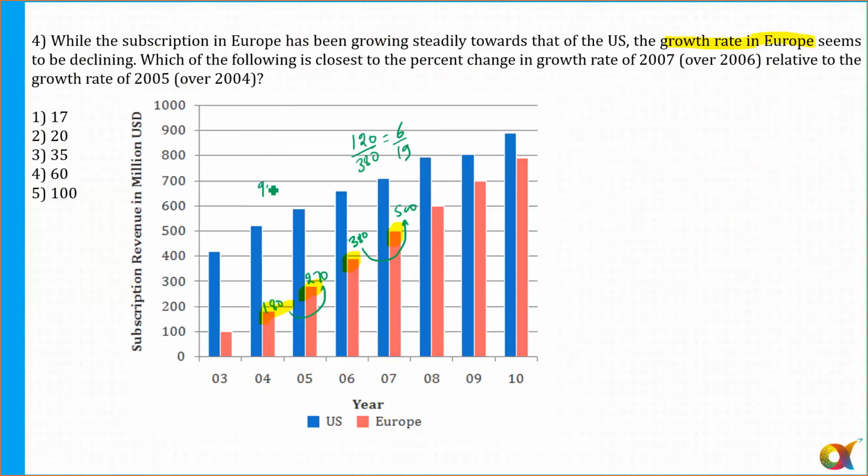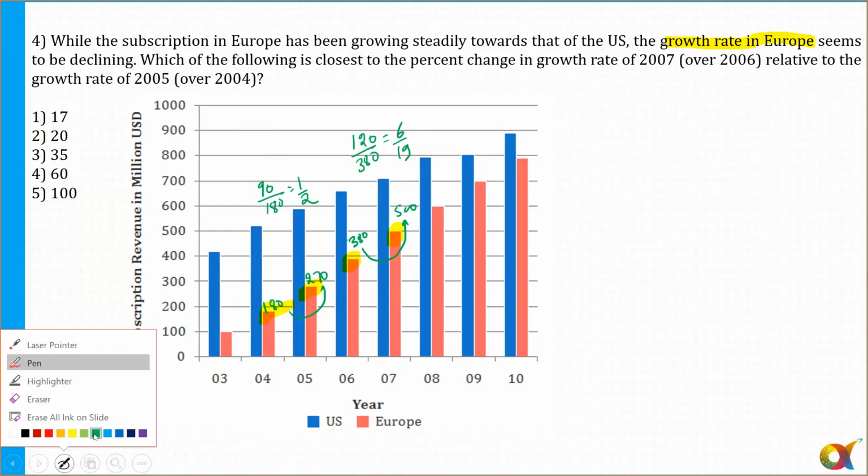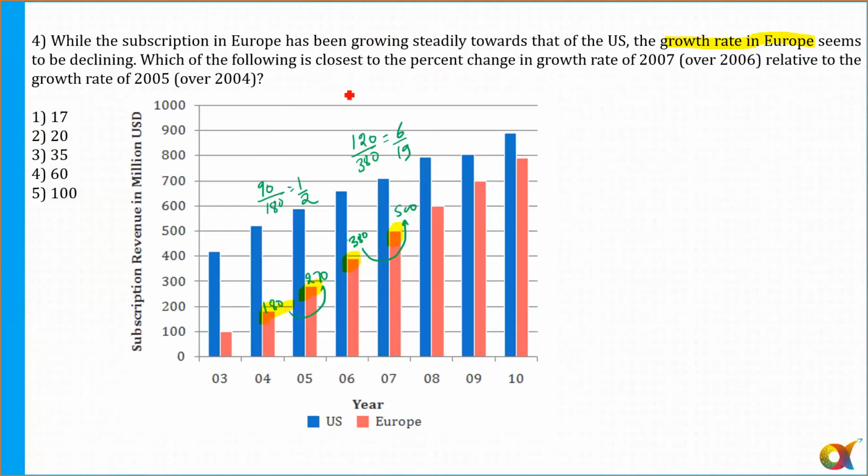Okay, 90 upon 180, which is equal to 1 by 2. And now the question is asking for the percentage change in the growth rate. So we need to first find out the individual growth rate of each of them, and then we need to find out the percentage change also. So now I need to find out the percentage change.